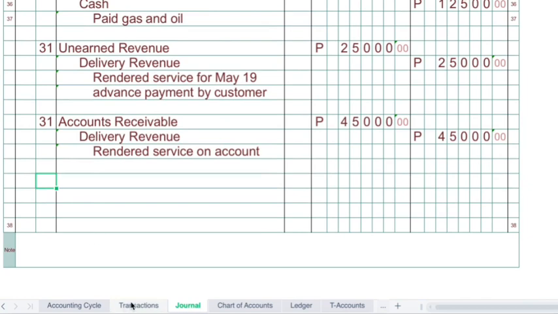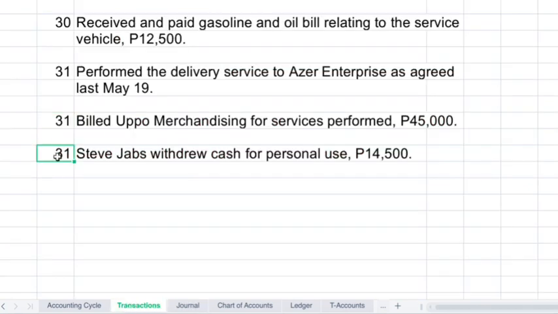Receivable. And then, lastly, we have Steve Jobs withdrew cash for personal use, 14,500. So, what are the accounts affected? So, we have cash, 14,500. And then, we have drawing. Kasi, the owner withdrew.